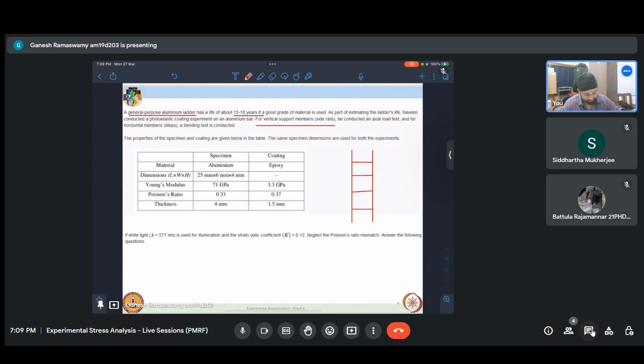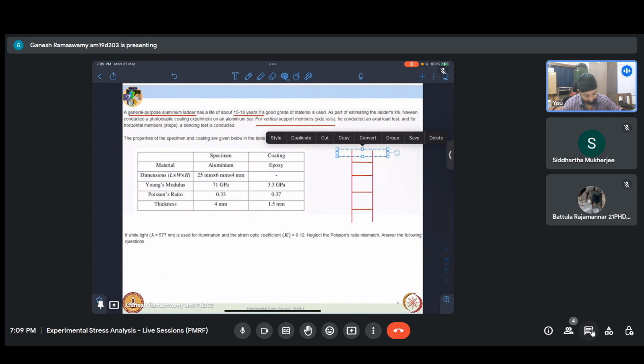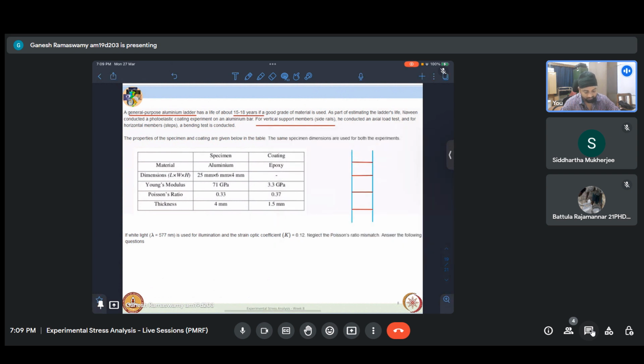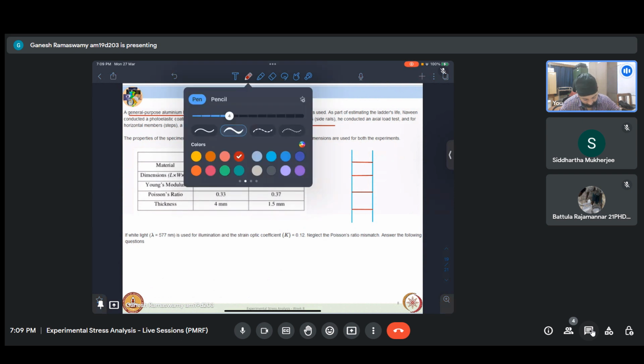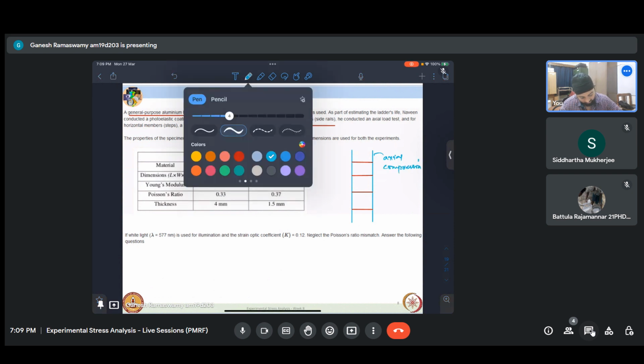So we know that these rungs will be subjected to bending, and these will be subjected to axial forces, axial compression, and essentially this will be subjected to bending.